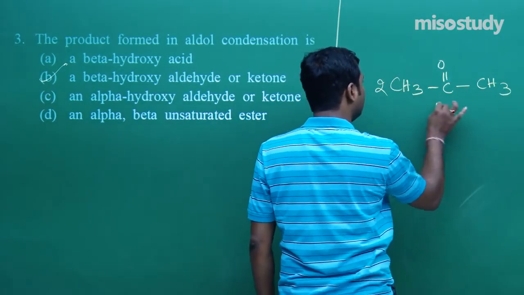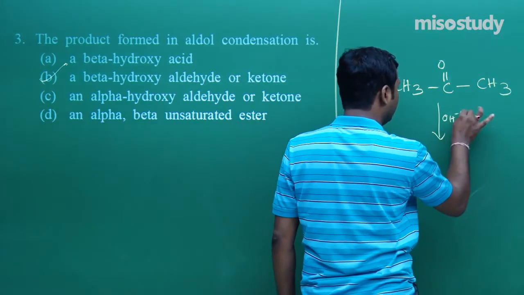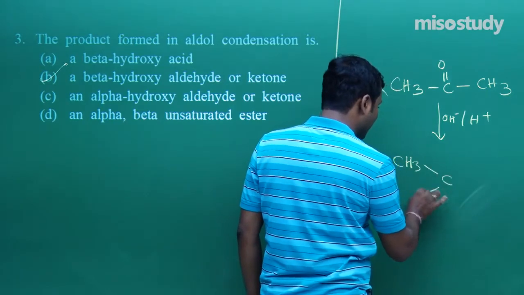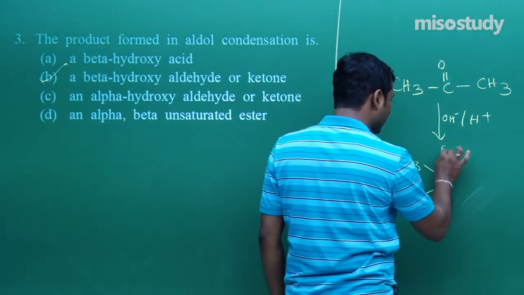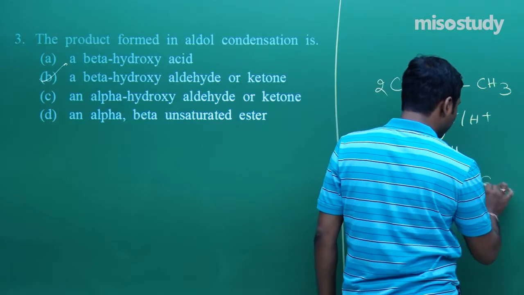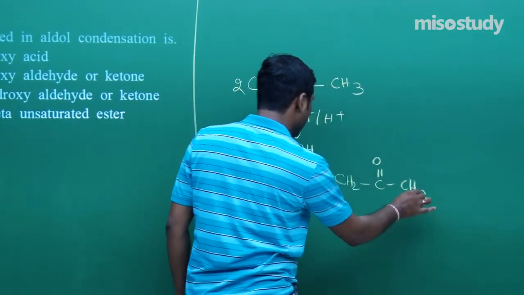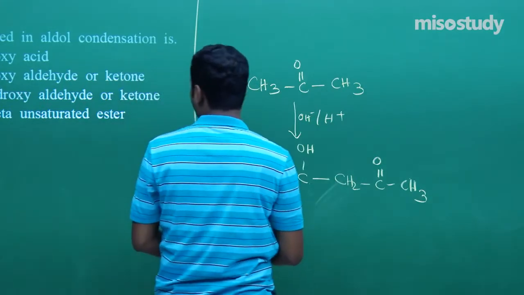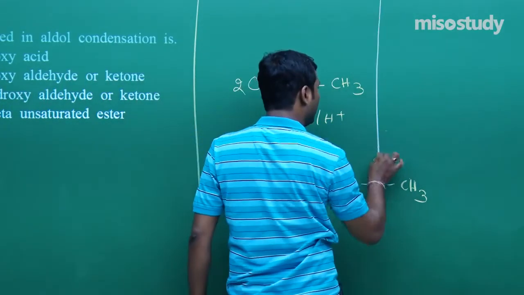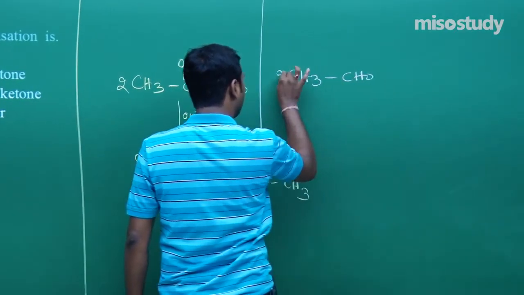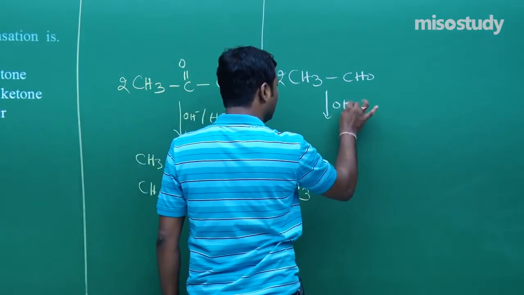Clear to you? That is what will happen. It gives you CH3, then C, then CH3, put here OH, then CH2, then CO, then CH3. Beta hydroxyketone. If I talk about aldehyde, CH3CHO, then what will happen in presence of a base?